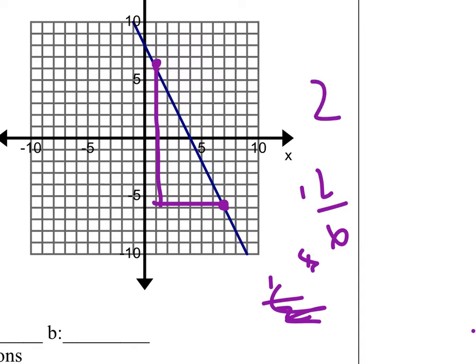Yes, it does. I'm not stupid. Okay, and then that's the slope, which means that y equals 2x. Oh, there's not enough room.